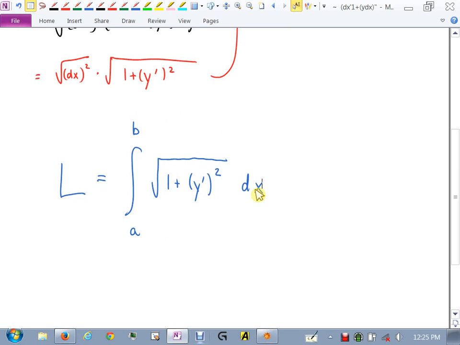Yep. So it would be the same thing, variables switched out. And then c and d instead of a and b. I'm not going to give you any arc lengths of curves that are functions of y. I'm going to stick with functions of x.